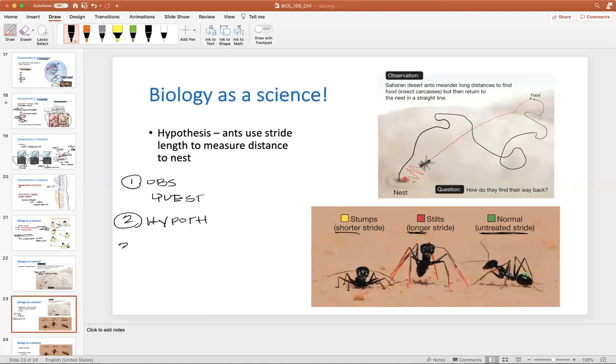And I'm going to say that this actually starts the beginning of developing an experiment to test the hypothesis, because I bet you can guess where this is going. So they're developing an experiment, right? What they're doing is they changed the leg length, right?